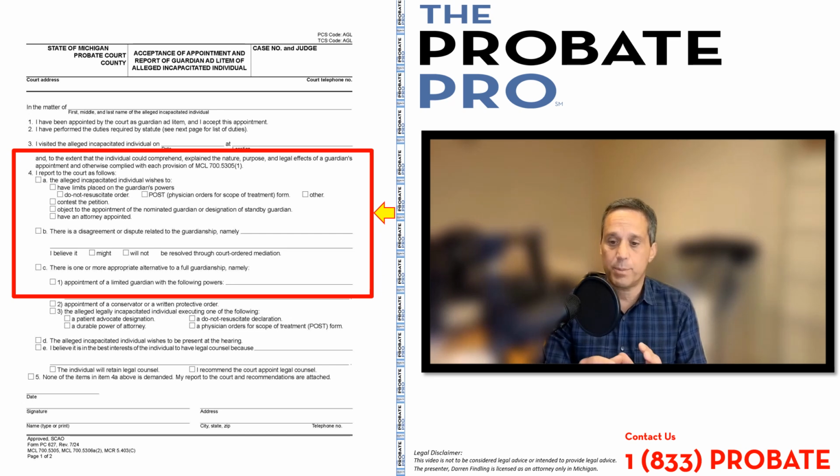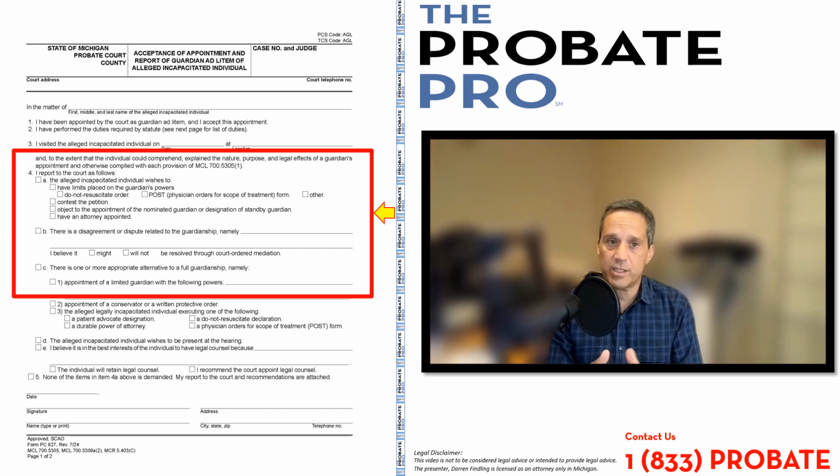Again, these are particular provisions of the statute that define exactly what a guardian must do for purposes of having the authority for these particular types of decision making, as well as whether the individual is interested in contesting the petition, objects to the appointment of the nominated guardian or the designated or standby guardian, or have an attorney appointed.